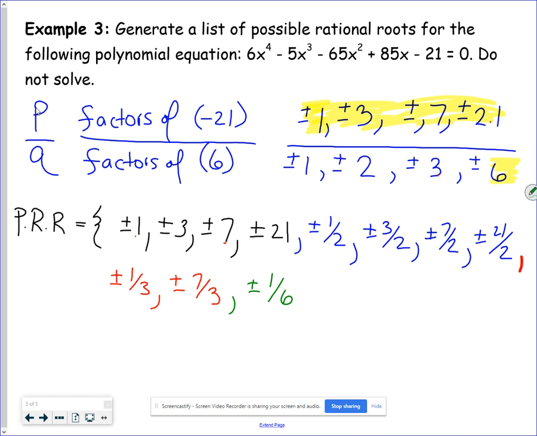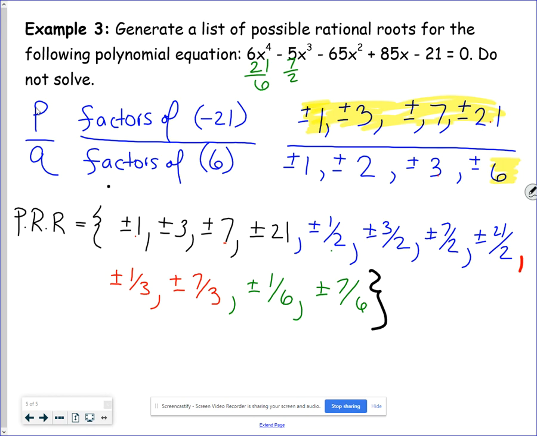Not a new one. We already have 1/2. 7 over 6. Do I have 7 over 6? Nope. That's another one. And then last, what's 21 over 6? Well, we divide those both by what? 3? That's 7/2. Do we have 7/2 already? Yep. So this is our list.